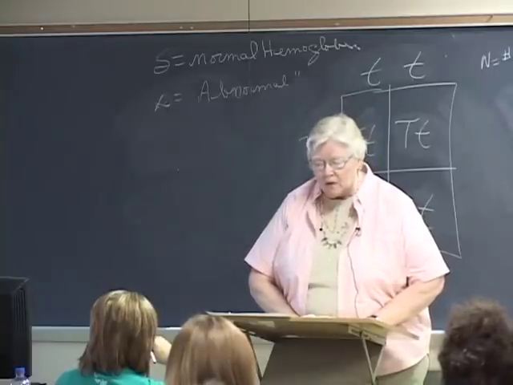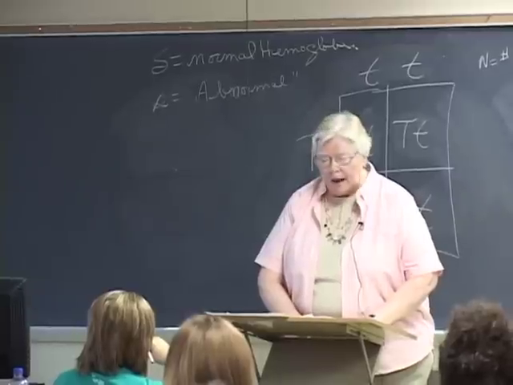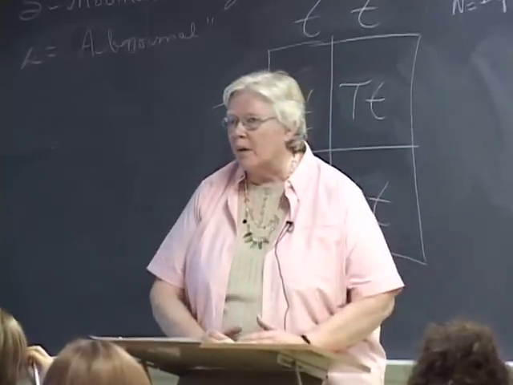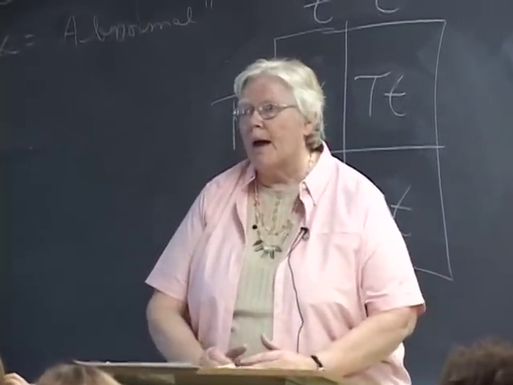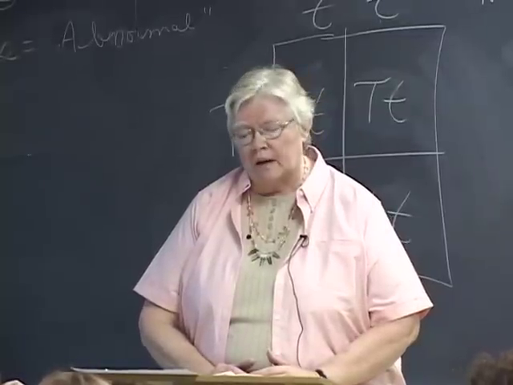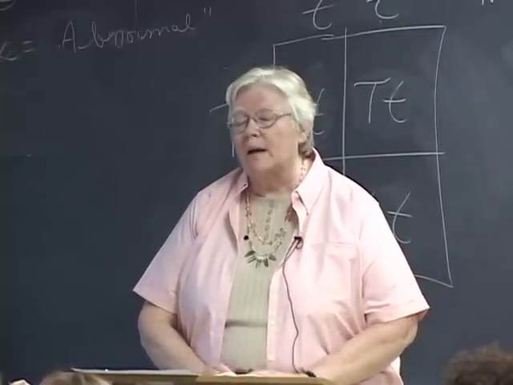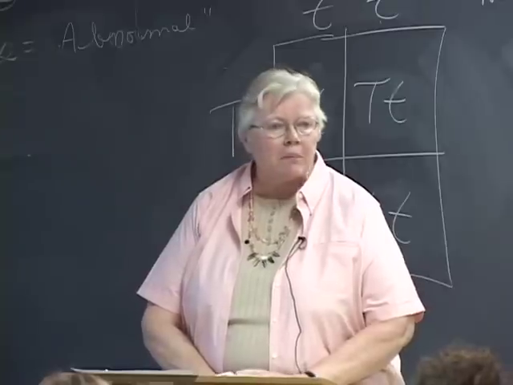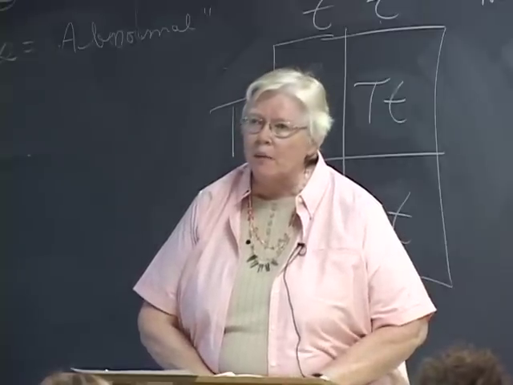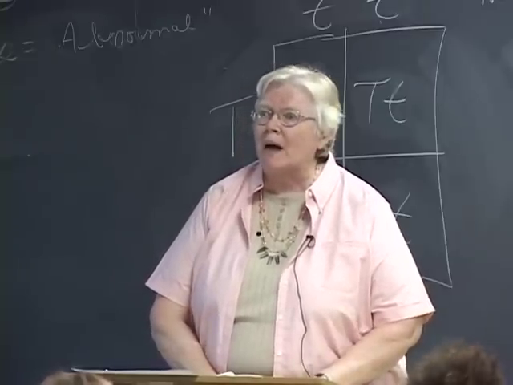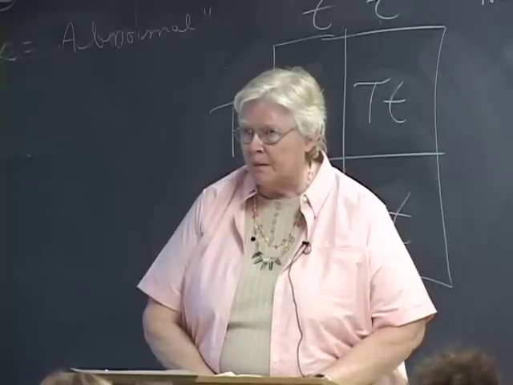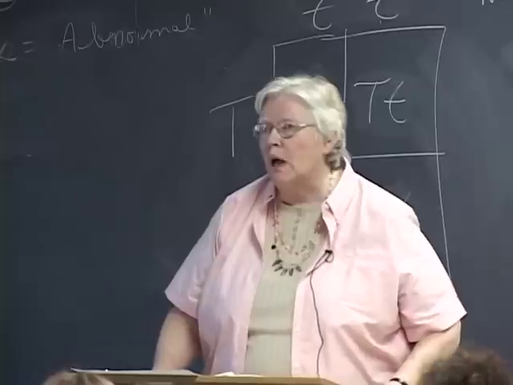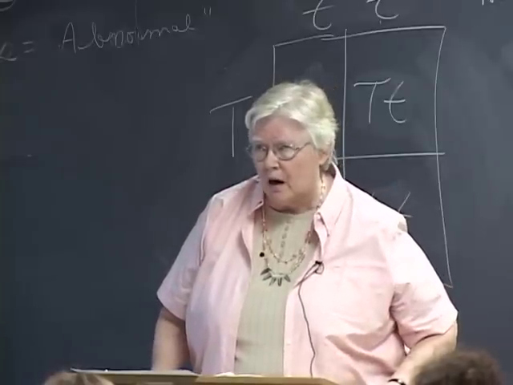In incomplete dominance, sorry, I said that wrong. In incomplete dominance, some of the cells will have normal hemoglobin, some of the cells will have abnormal hemoglobin. Now, there is no cut and dried rule about what your percentages are.